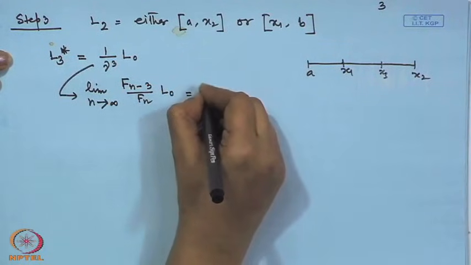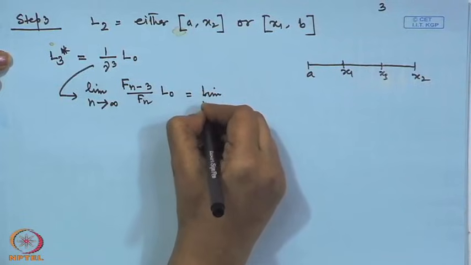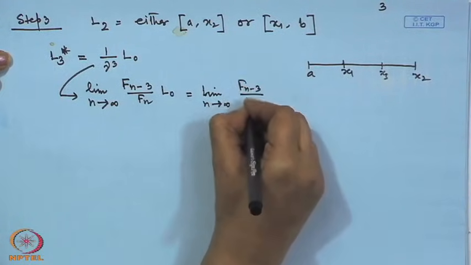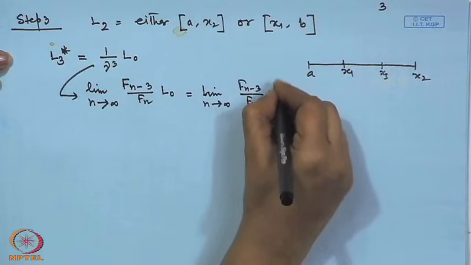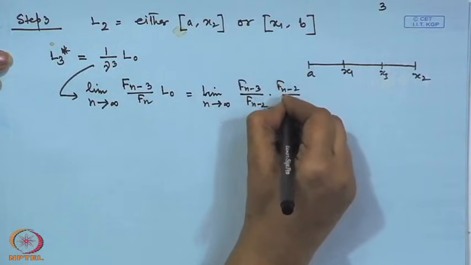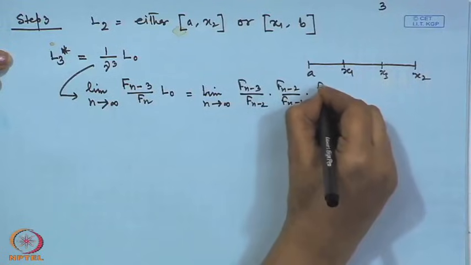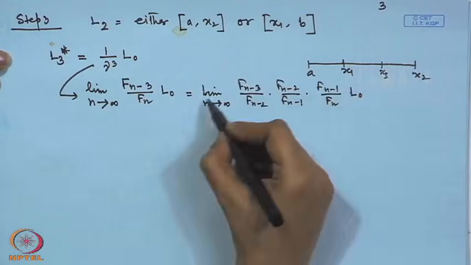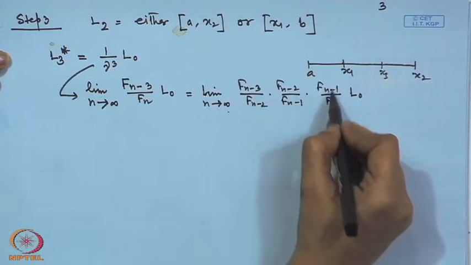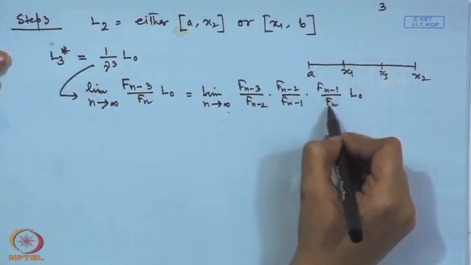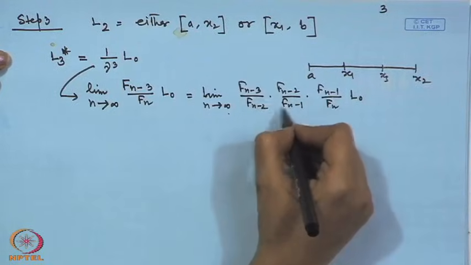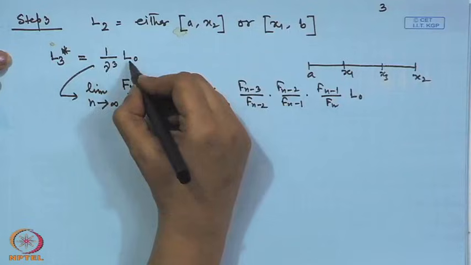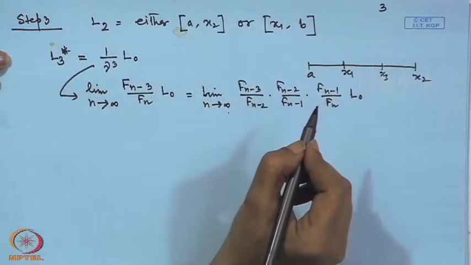That can be written as limit n tending to infinity fn minus 3 divided by fn minus 2, fn minus 2 divided by fn minus 1, fn minus 1 divided by fn L0. As we know limit n tending to infinity fn by fn minus 1 is gamma, then it must be 1 by gamma, this is 1 by gamma, this is 1 by gamma. That is why we are getting 1 by gamma cube L naught.